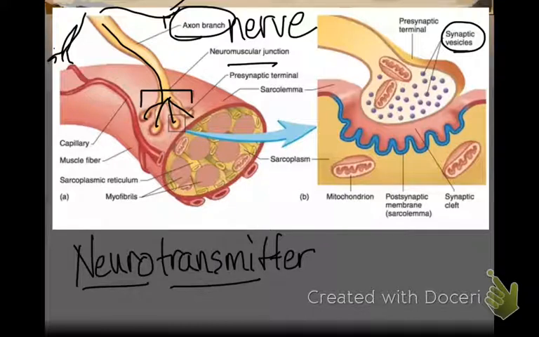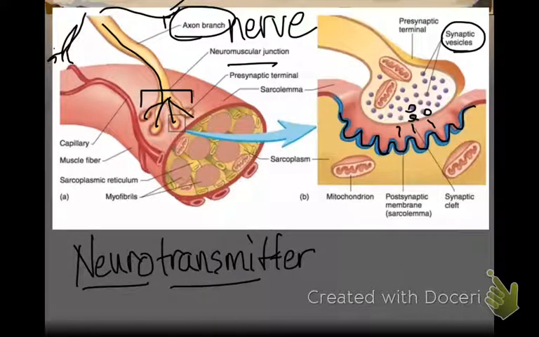Neurotransmitters are the chemicals that are going to be released by the nerve from these little vesicles, and they float across the space called the synaptic cleft, because a cleft is a fancy term for a space, a gap. And they fuse with the cell membrane of the cell that they want to stimulate. In this case, guess what? It's the sarcolemma of a muscle cell.